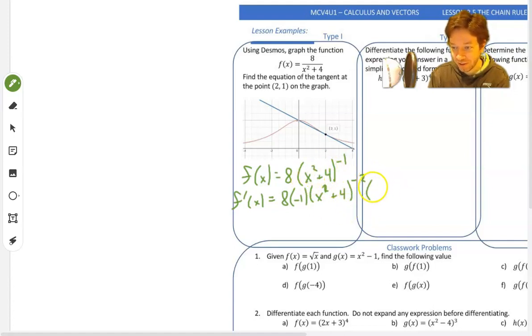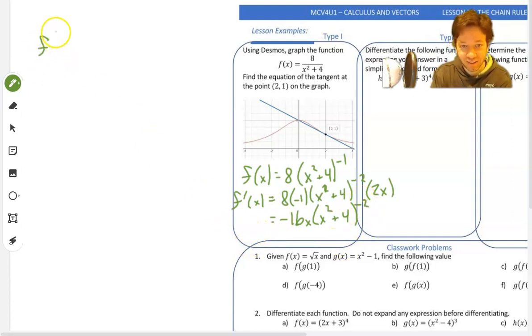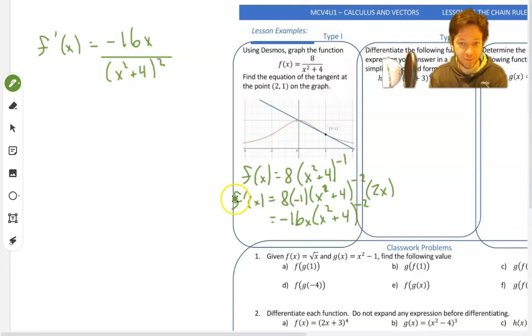So x squared becomes 2x, and 4 becomes 0. So we get minus 8 times 2, so minus 16x times (x squared plus 4) to the power of minus 2. So there's our derivative, right? And I can rewrite that over here a little bit more neatly without the negative exponent. So f prime of x equals negative 16x, all divided by (x squared plus 4) to the power of 2.